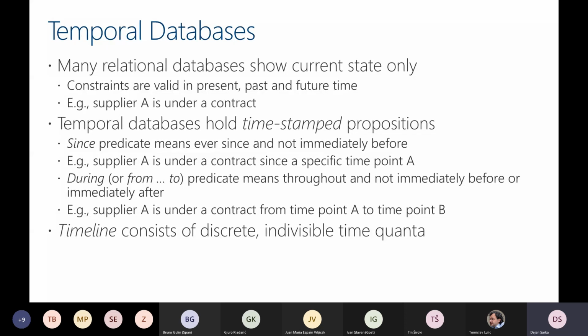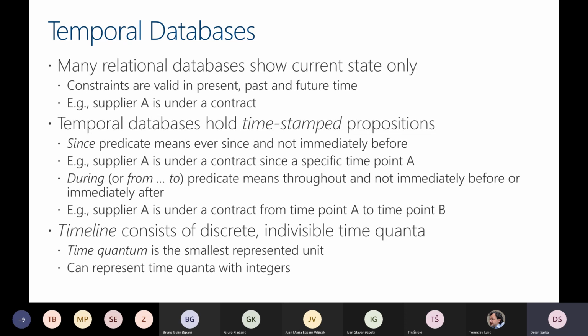Each time point is for us in our business system indivisible. However, this time quantum is actually a small interval. Because we are working with countably infinite ordered sets, we can always represent time points with integers. It's always possible to transform them to integers.